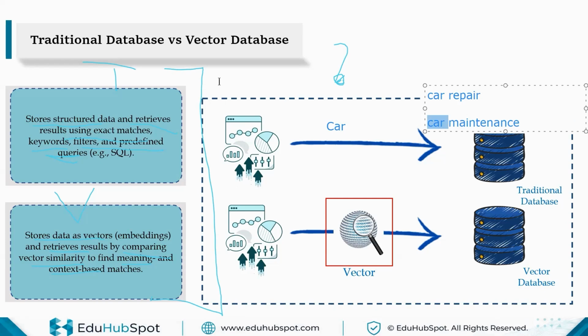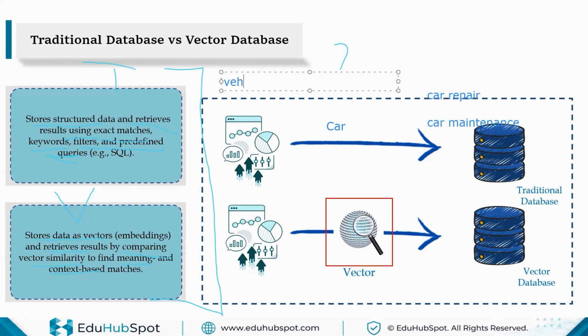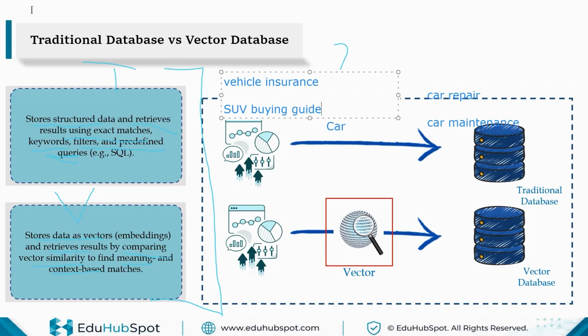But something like vehicle insurance or maybe SUV buying guide. So, although these are related to cars, it may not appear because the exact word car is not present in them. It is missing.